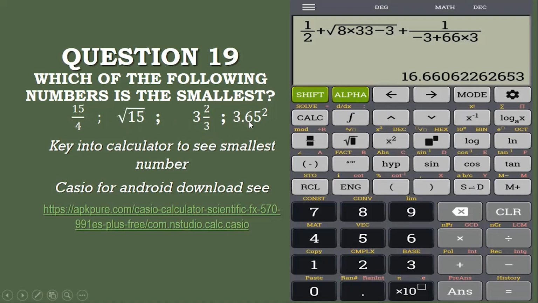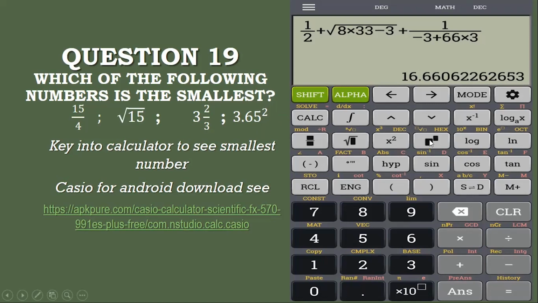The last one, 3.65 squared, you go to that one. Rather go to that one than to that one. You can go to that one and key in, but go to that one and you are safe. 3.65 you key in, and then in the top little square, you key in 2.